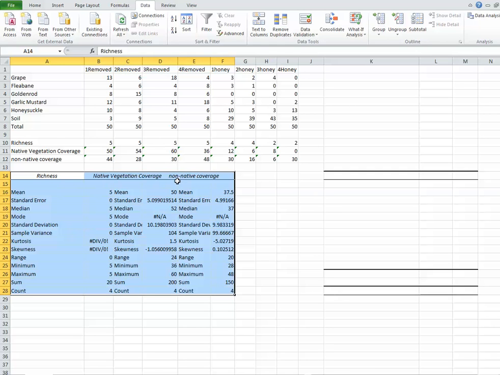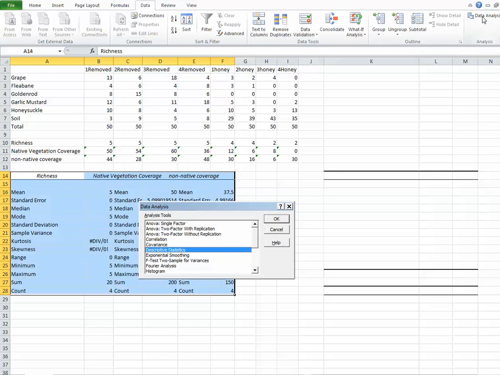For coverage of native vegetation, the mean is 50, and the standard deviation is 10.19, and so on. So that was pretty easy. We can figure out mean and standard deviation quickly and easily using the Data Analysis ToolPak and Descriptive Statistics.